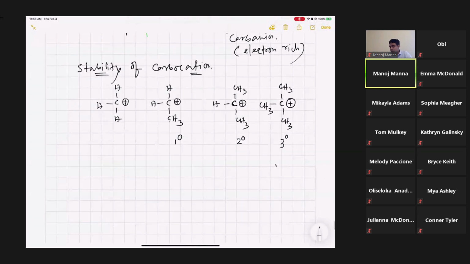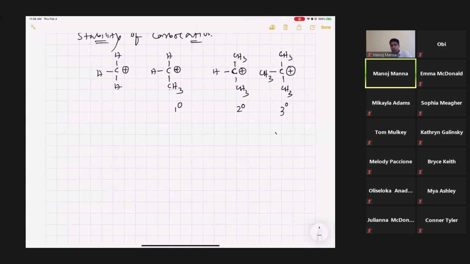So instead of a carbocation, if you have a negative charge, that means a carbon bonded to CH3, CH3, CH3 and a negative charge, this will be 3 degree.